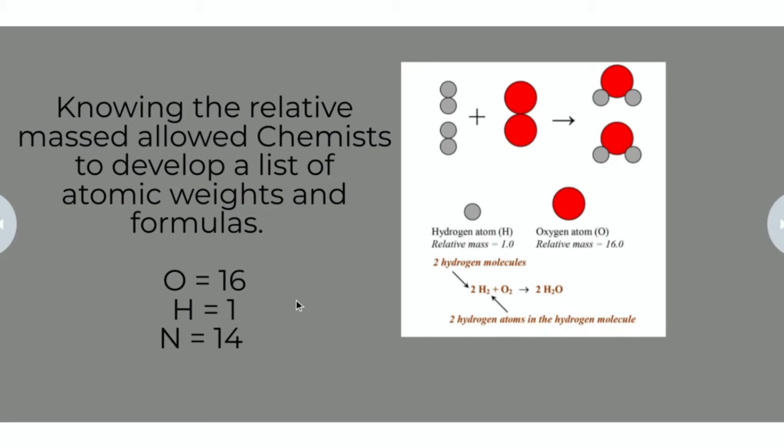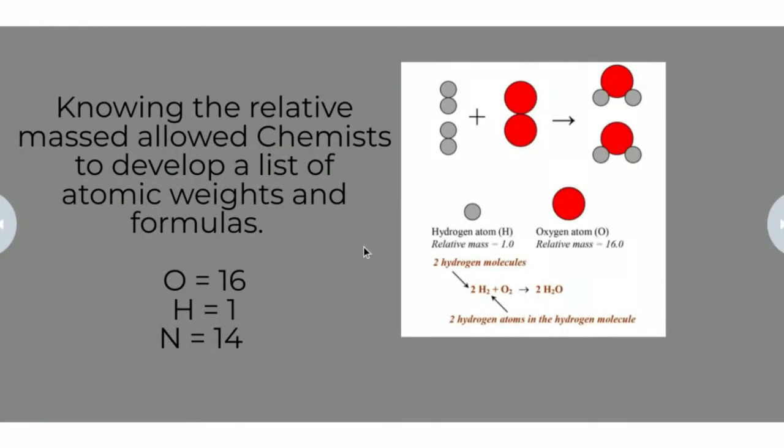And so by doing these kind of experiments and measuring how the masses combined, that's how they developed a system of masses for the elements, by saying how did the relative masses combine. Now the trick is they had to know the formula. If it was just one hydrogen for one oxygen, then you would get a different number.